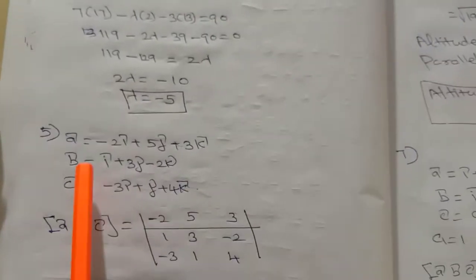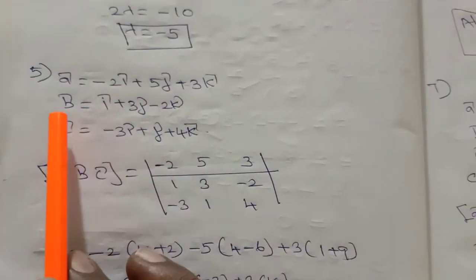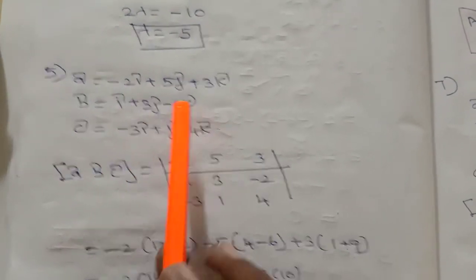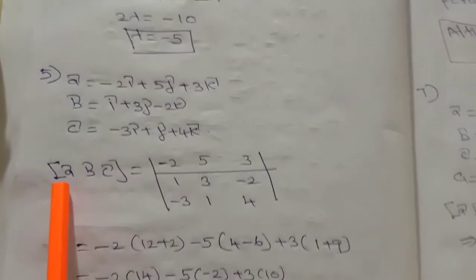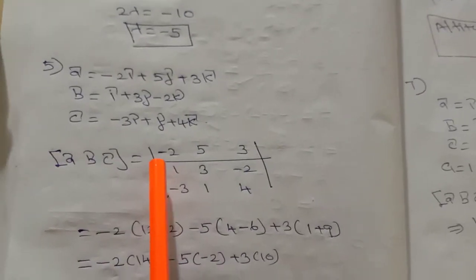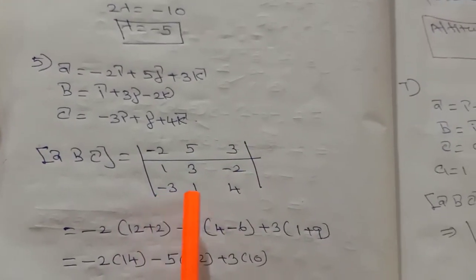So what is given here is A vector equal to minus 2i plus 5j plus 3k, B vector equal to i plus 3j minus 2k, C vector equal to minus 3i plus j plus 4k. So box product ABC equal to what? Minus 2, 5, 3; 1, 3, minus 2; minus 3, 1, 4.